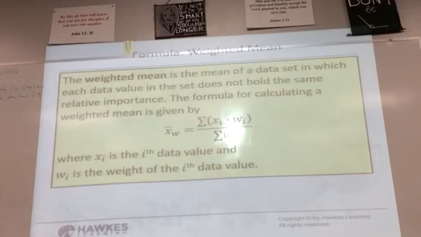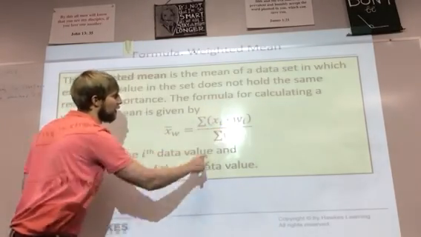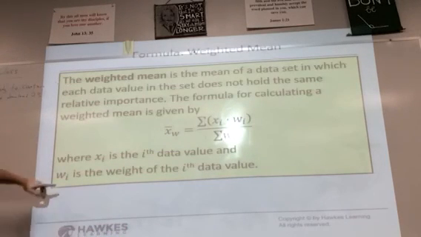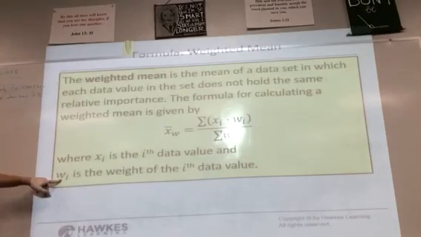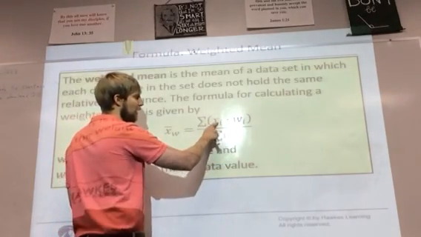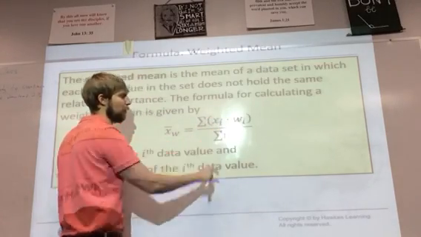So the formula for calculating a weighted mean is given by the sum of all of the x sub i's times the w sub i's. Well, what does that mean? Well, x sub i is the data value, and w sub i is the weight of that data value. So if tests are worth 40%, the test score times 0.4, that's the weight.